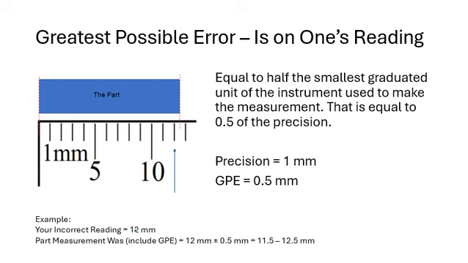Even though you read it a little bit off at 12 millimeter, it is still in this range, 11.5 all the way to 12.5, including of course these two values. So this is how we fix the errors, or human errors, that the operator or whoever is doing that job could commit.